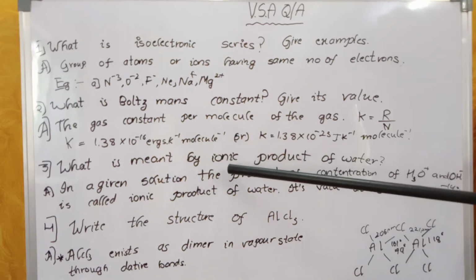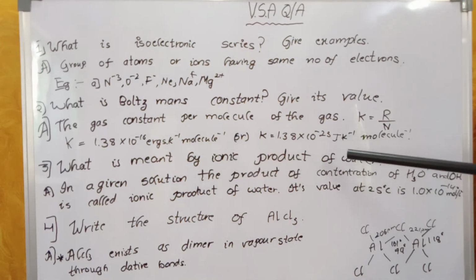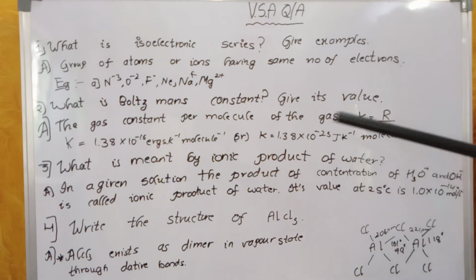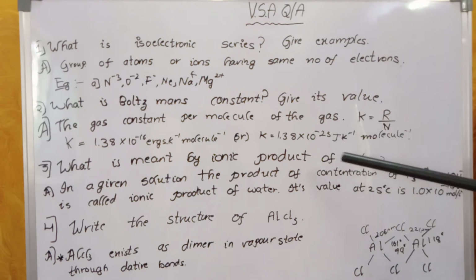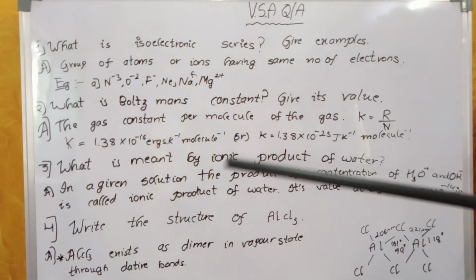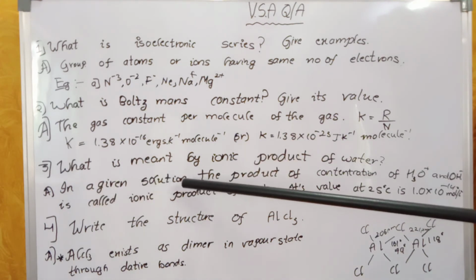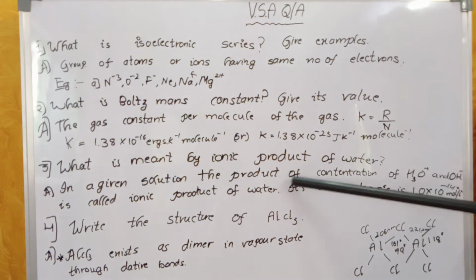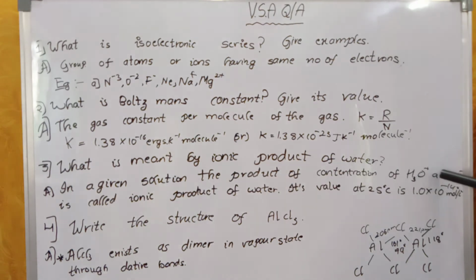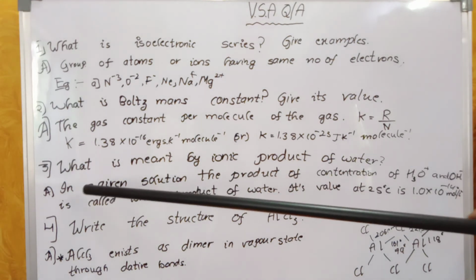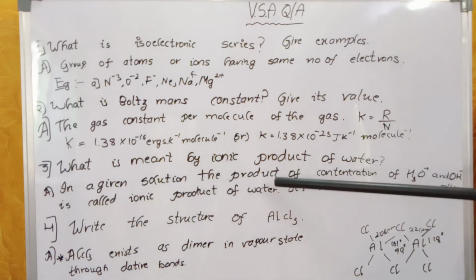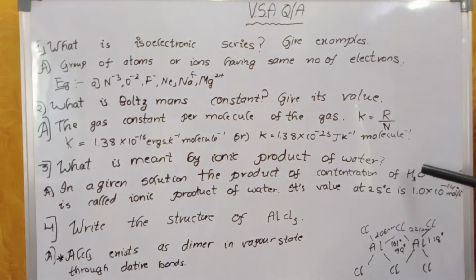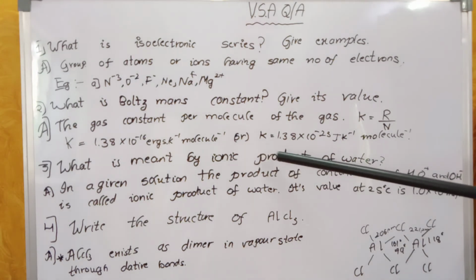The ions present in water are either H plus and OH minus, or H3O plus and OH minus. So the product of their concentrations is equal to the ionic product of water. The definition: in a given solution, the product of concentrations of either H plus or H3O plus and OH minus ions is called ionic product of water.